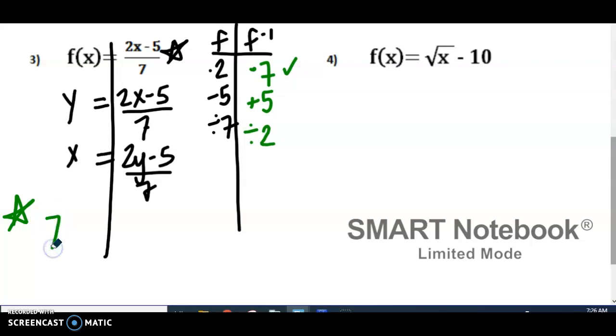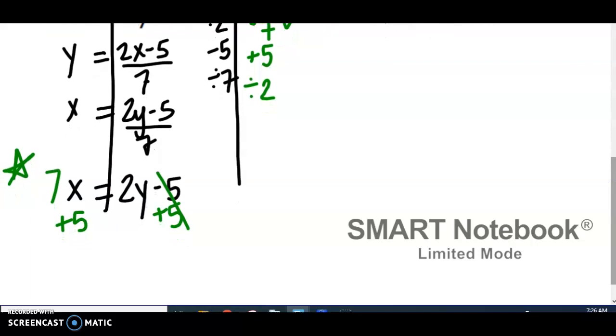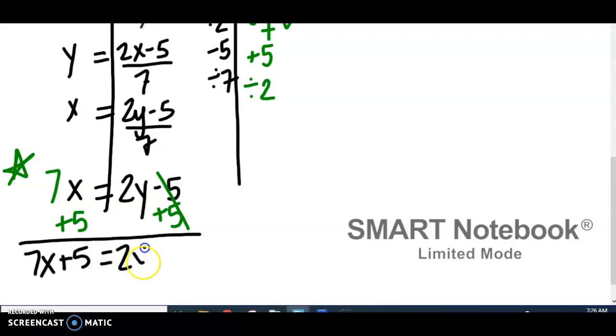So I'm going to take that 7 times my x, and then it goes away on this side. Then I'm going to take my 7x, I'm going to add 5. That gives me 7x plus 5 equals 2y.